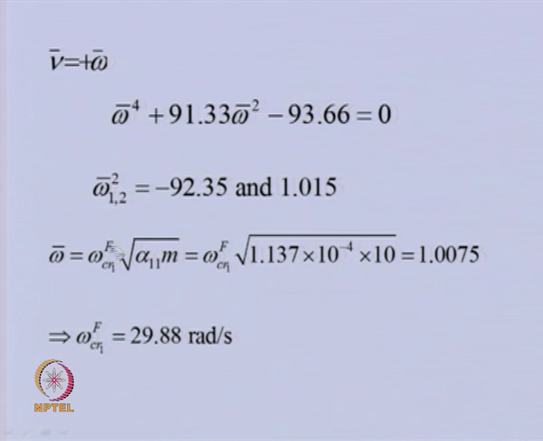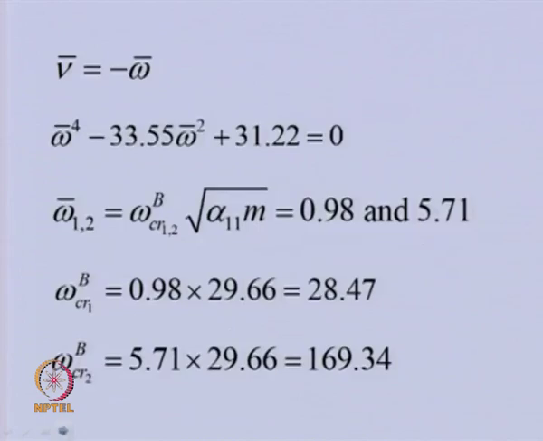So, the forward critical speed, the one which is feasible, can be obtained from this expression, because this value is not feasible. From this we will get the first critical speed like this, but the second is not feasible, so we are not obtaining that.